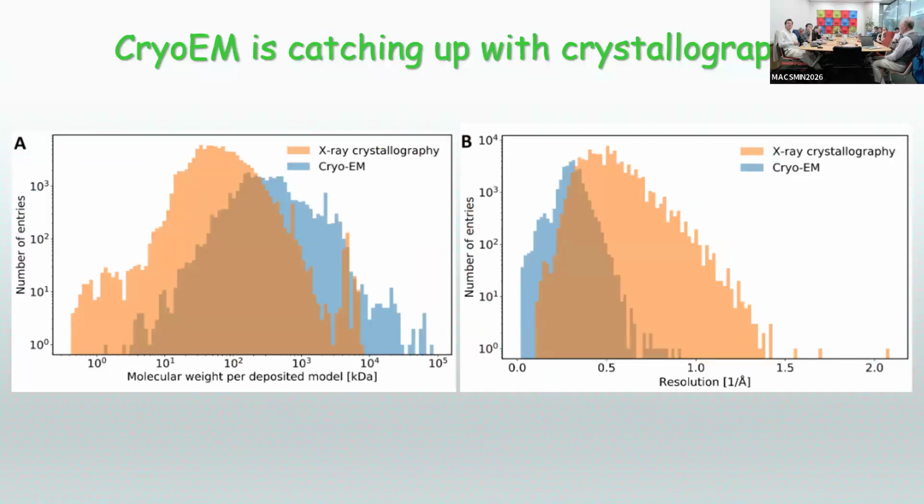So cryo-EM clearly is catching up with crystallography, but there are some differences. For example, you can see here on the left that cryo-EM structures are on average much larger than crystal structures, and there are some theoretical minimum sizes of structures that are possible to determine by cryo-EM, and there isn't a minimum really for crystal structures.